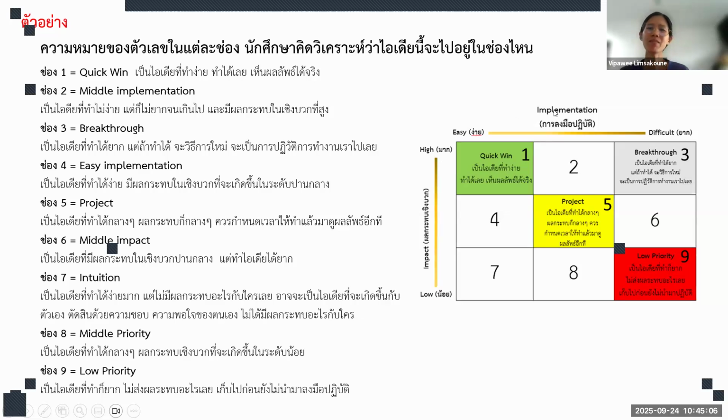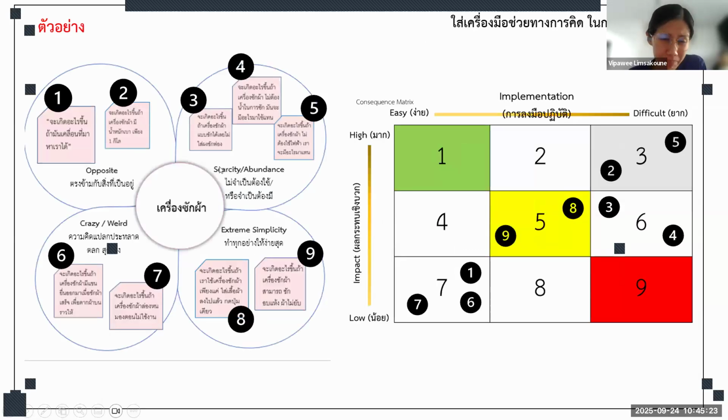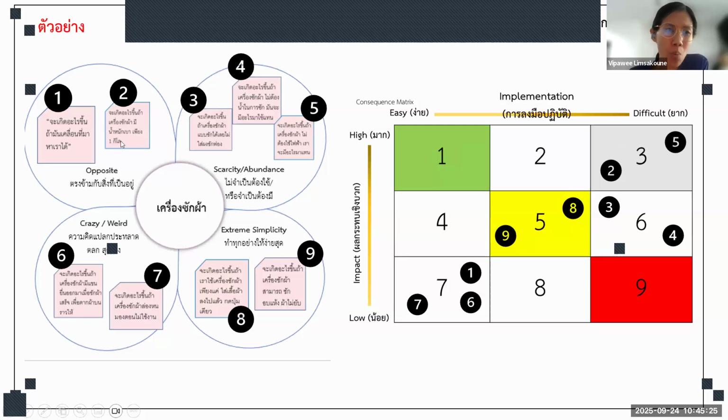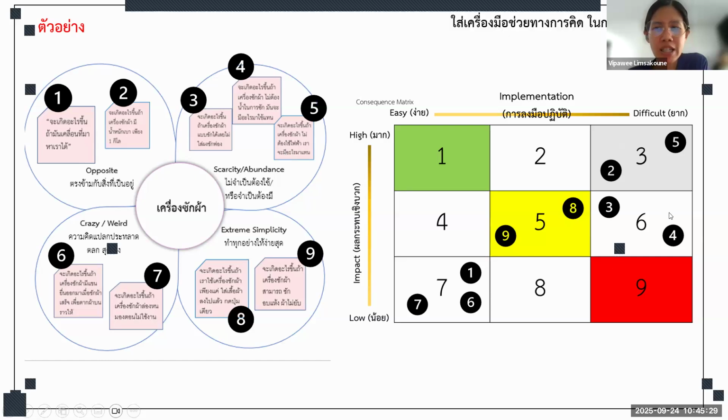Okay, the x-axis is implementation. On the left is easy, on the right is difficult. Okay, and when we come up with different ideas, if I use what-if to create ideas, I could use the consequence matrix to analyze my idea a little bit more.